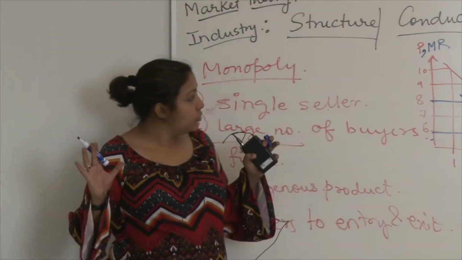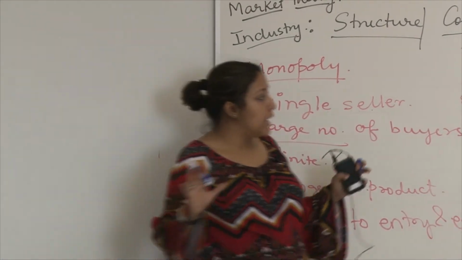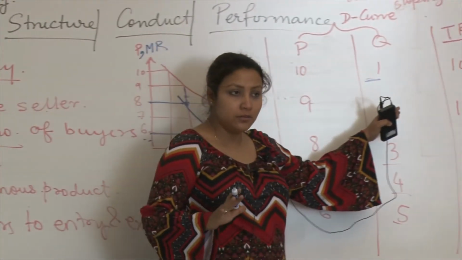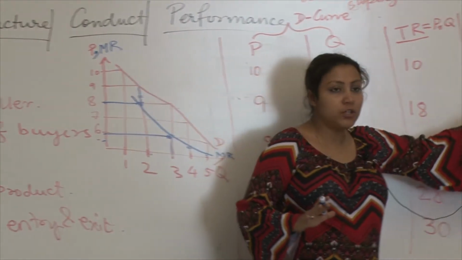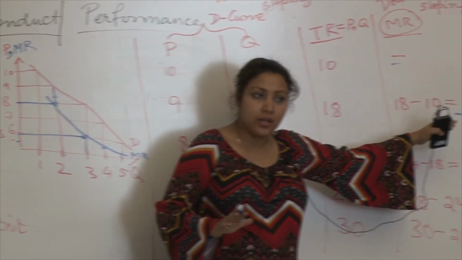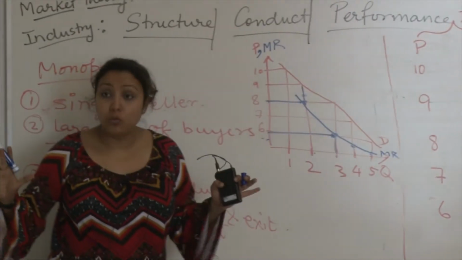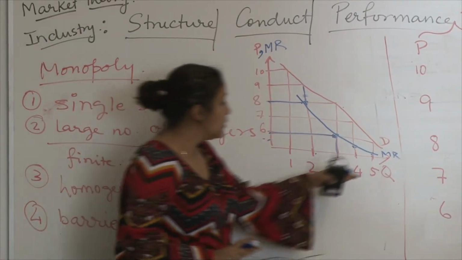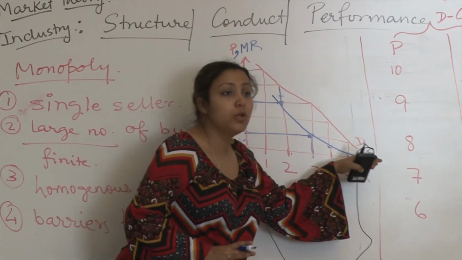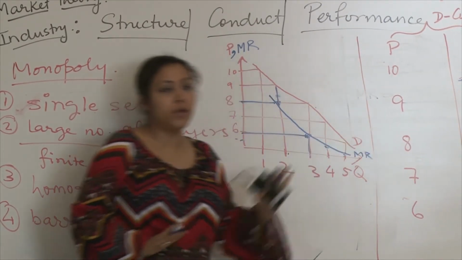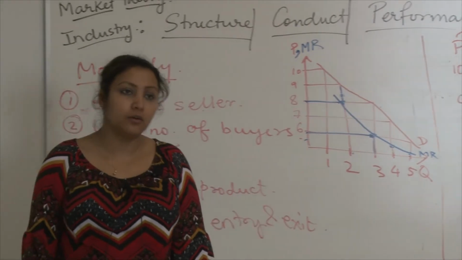So if I join those points, then I would get that downward sloping marginal revenue curve, correct? What I am trying to tell you is that if the law of demand holds and if the law of diminishing marginal revenue holds, then both these curves will be downward sloping, but the marginal revenue curve will always be below the demand curve. Can you please write that down?